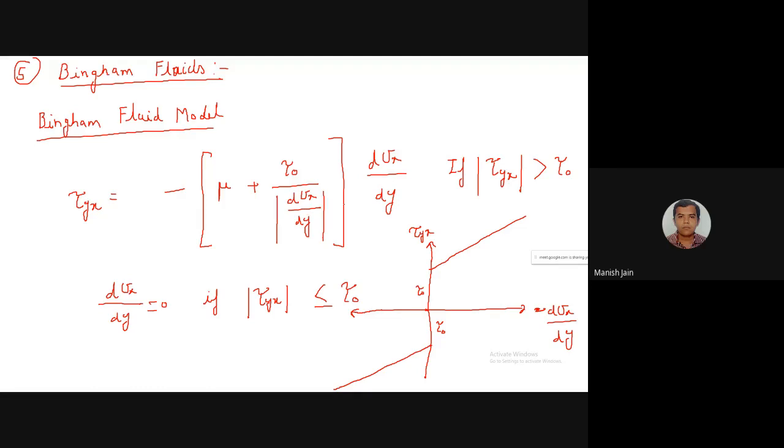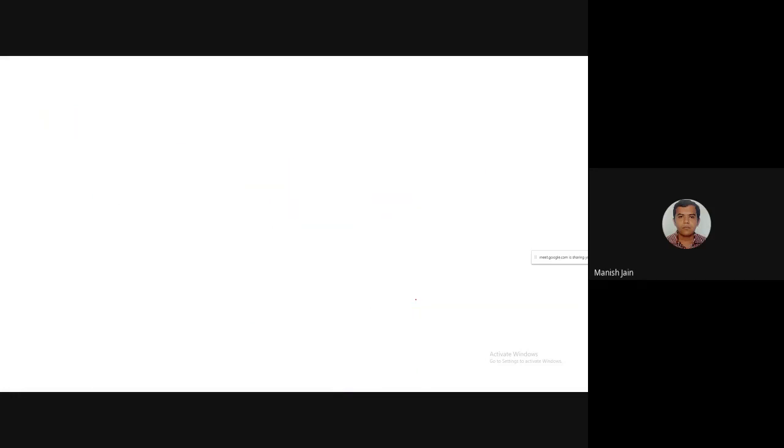If tau yx is greater than tau naught, then you have this graph or this graph. If tau yx is less than or equal to tau naught, then dvx by dy equal to 0. So this is a type of fluid like paste, and you need the initial force for flow. Otherwise, the fluid will not flow.